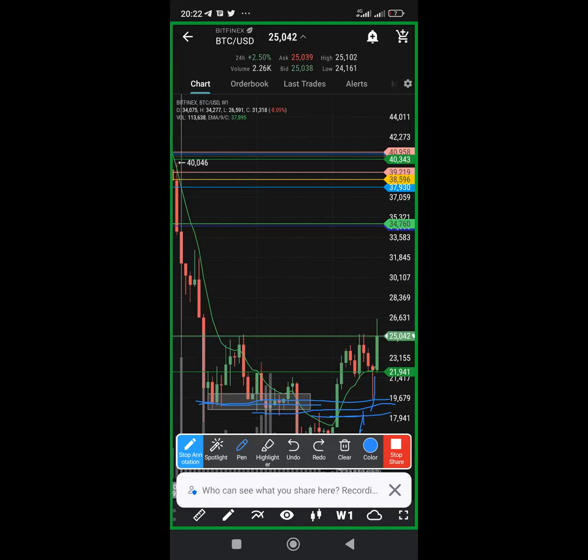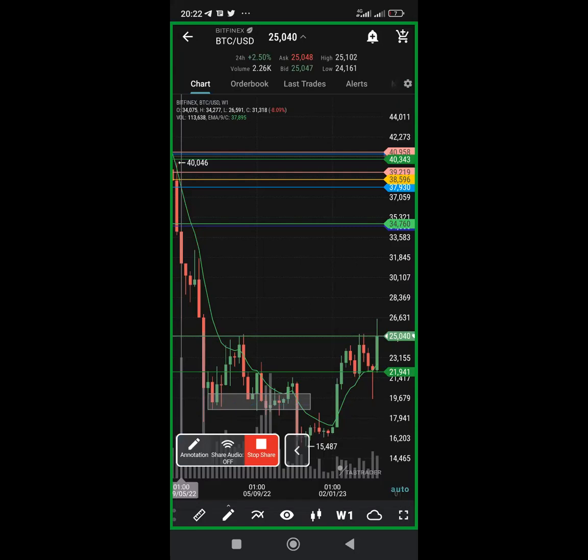That's why this is a zone, not just one line. Sometimes we use those single lines to show it, just so that you know the exact buy.